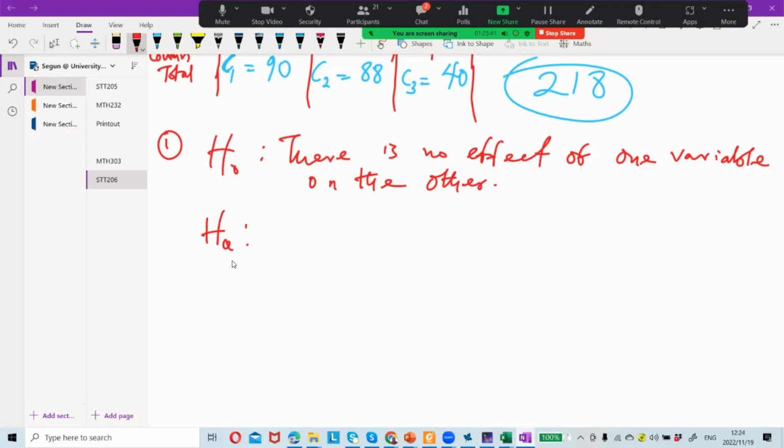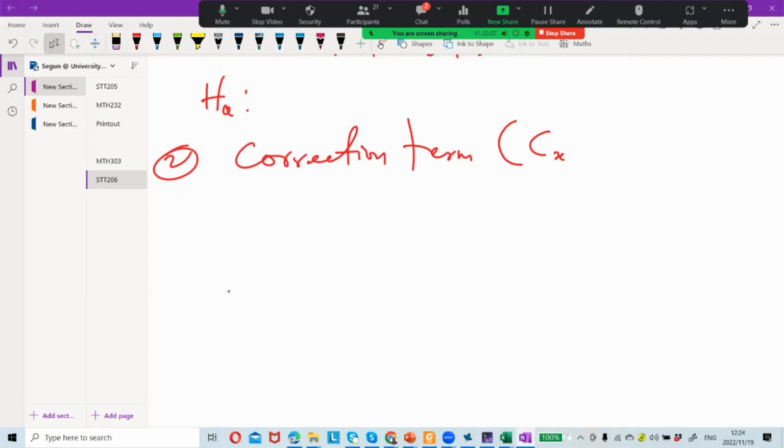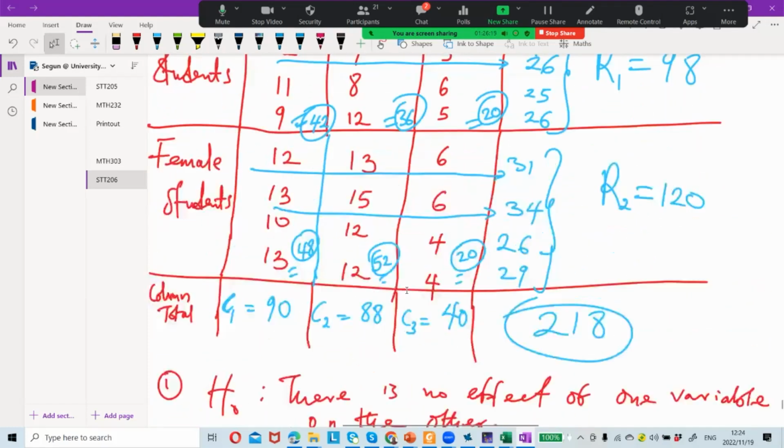So we have something called the correction term. On the correction term, we will be talking about C of X, which is the same thing as the summation of all X squared divided by the number of observations. Now, how many observations do we have? Let's go back to our table.